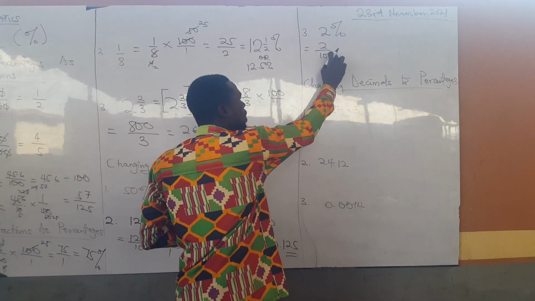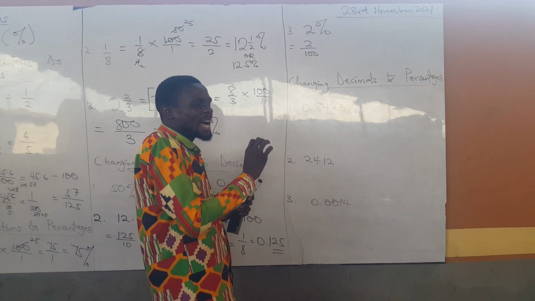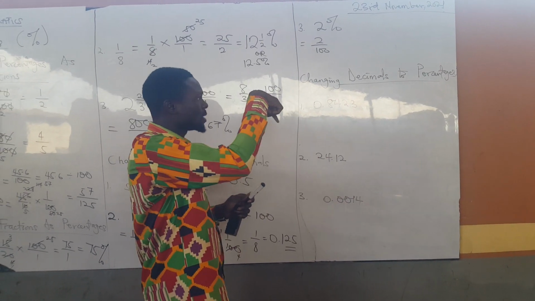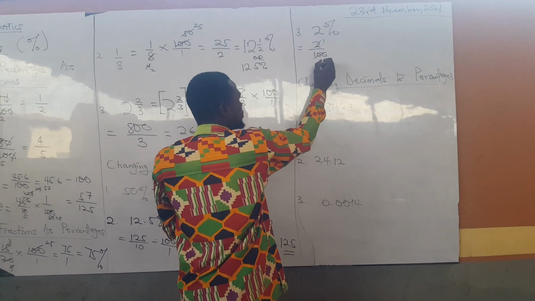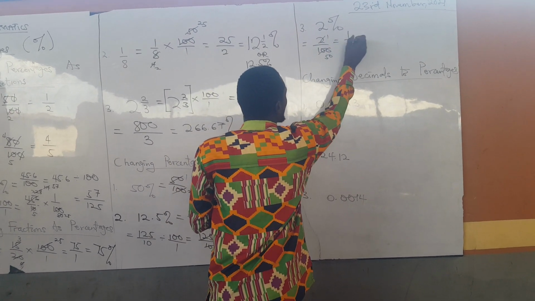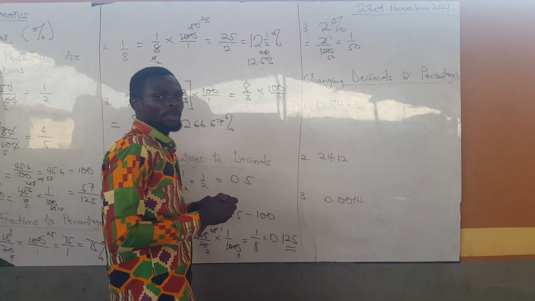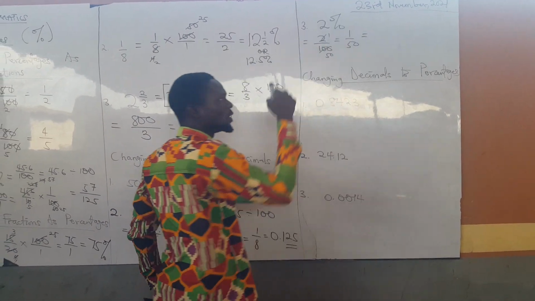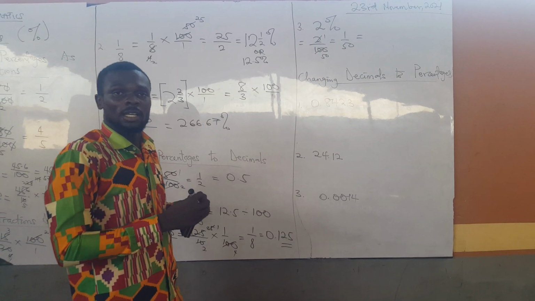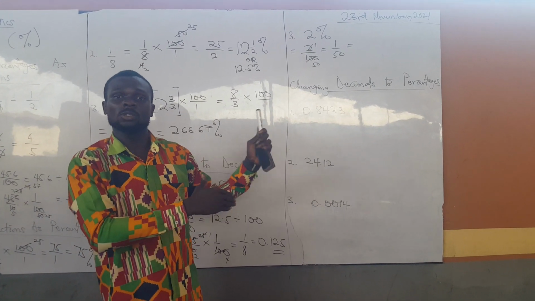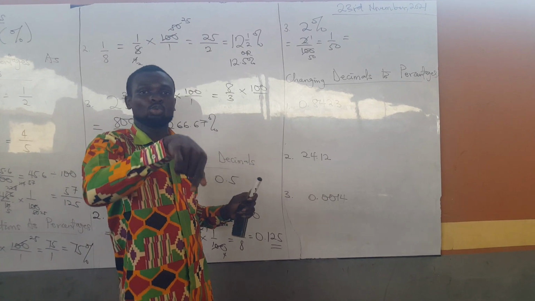Now, look at this 2 out of 100. Ask yourself, can you simplify? Yes, simplify it. 2 will go into itself 1, and 2 will go into 100 50 times, giving us 1 over 50. The decimal for 1 over 50 is going to give us 0.02.